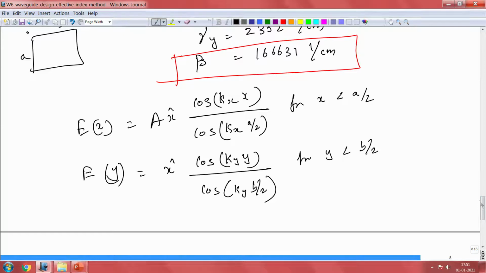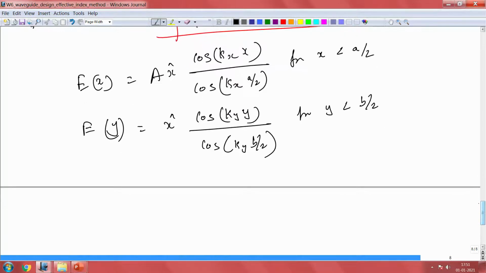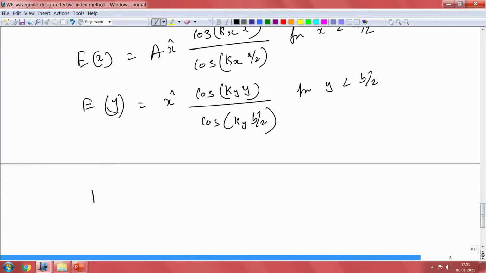And for the other regions, right. So, E of x will be a constant times e to the power minus gamma x times x minus a by 2. This is for x values greater than a by 2. This is all decay now.